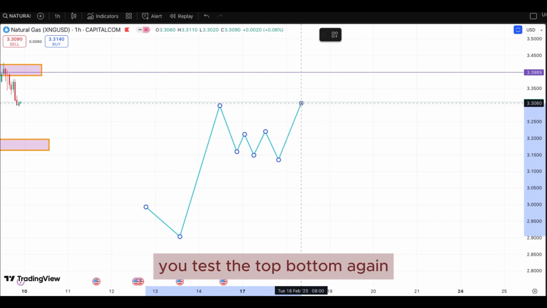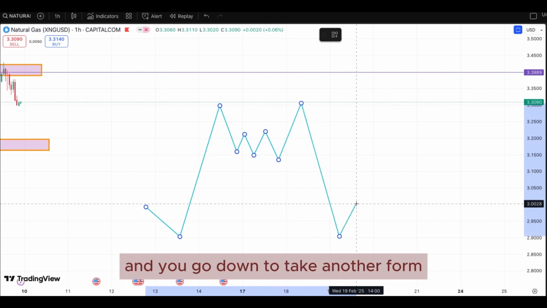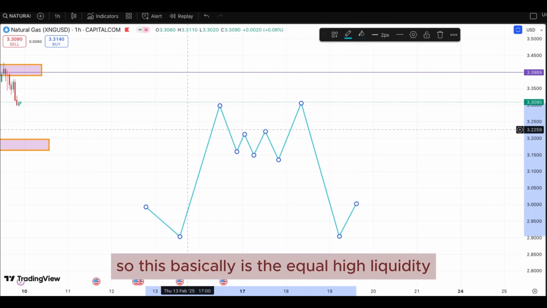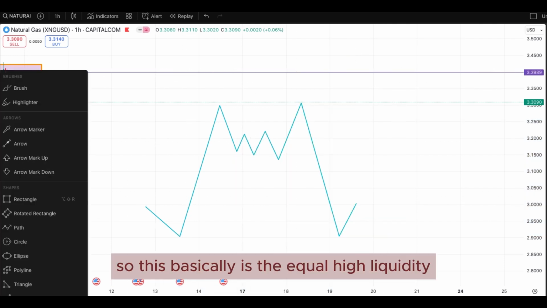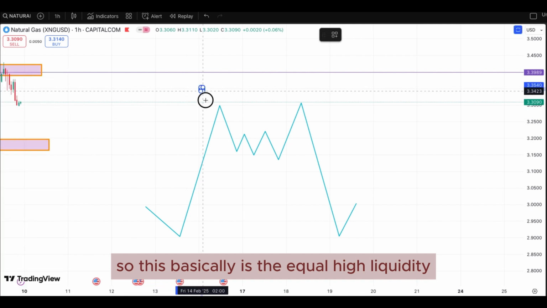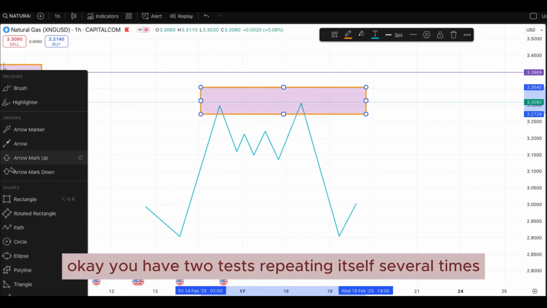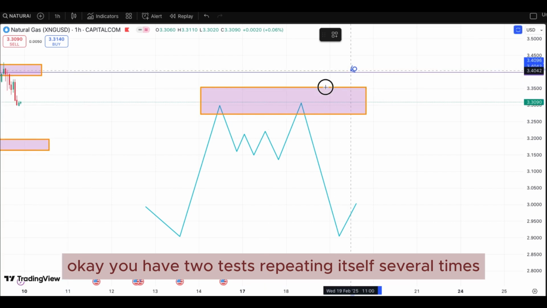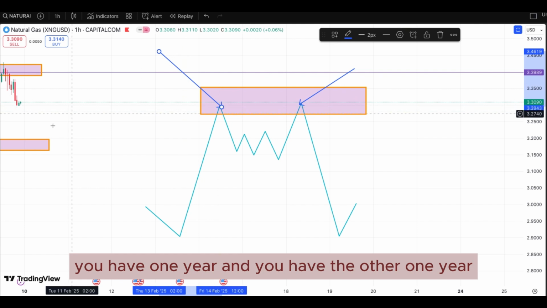You test the top, bottom again, and you go down to take another form. So this basically is the equal high liquidity. You have two tests repeating itself several times, one here and the other one here.